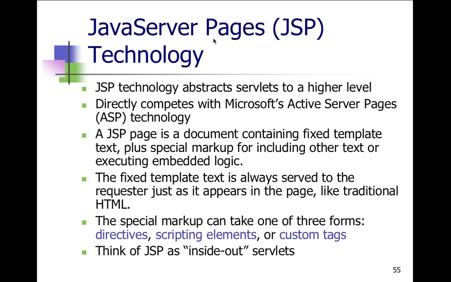And the special markups come in 3 different forms. We can have a directive, a scripting element, or a custom tag. So if we create some custom tags, we can send data back and forth. So think of JSP as inside-out servlets, because they're sort of like the output of a servlet, if you think about it. So it's kind of an inside-out servlet.